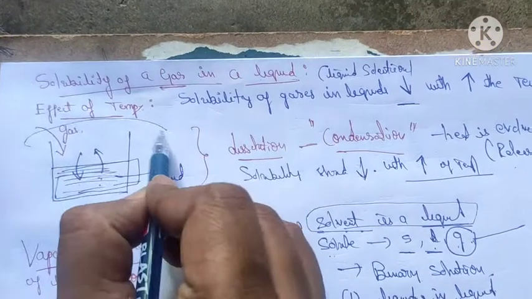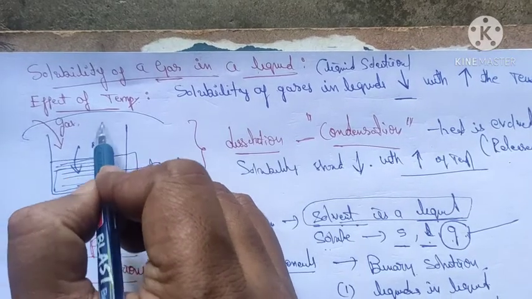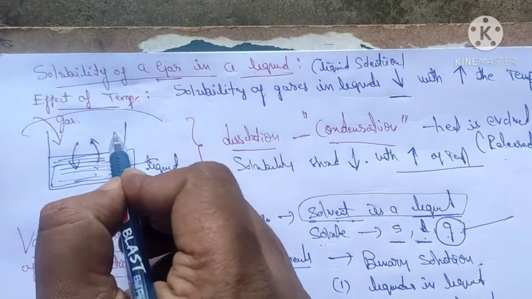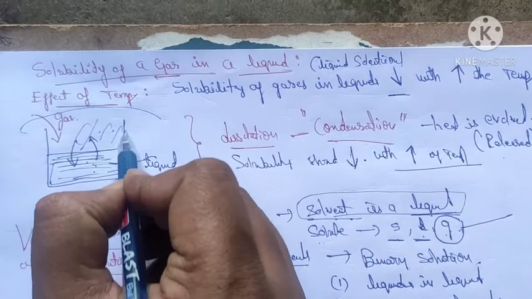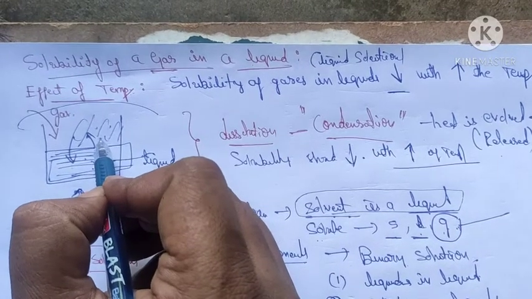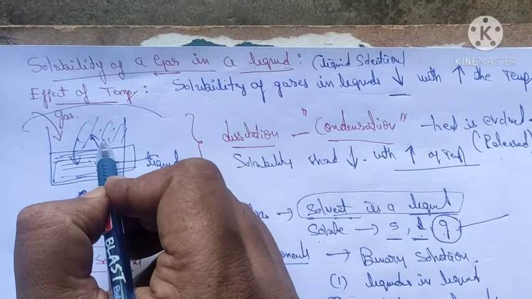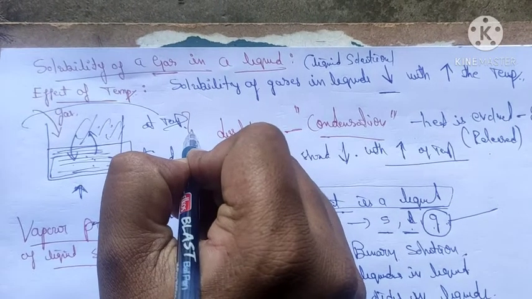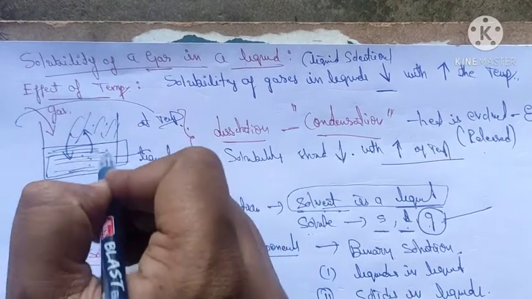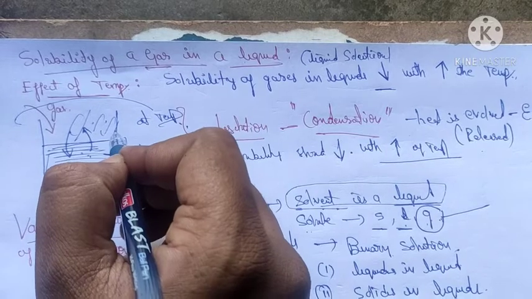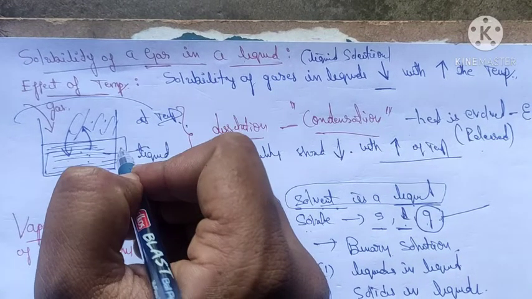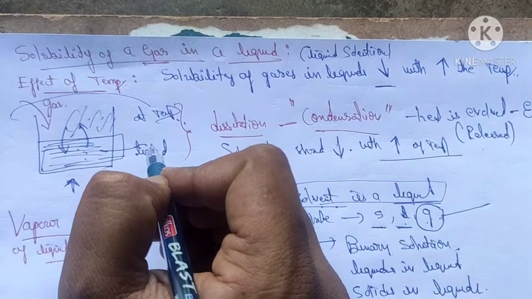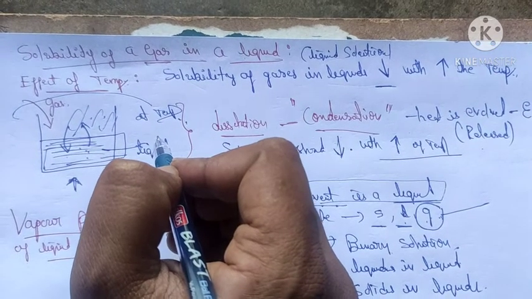In a closed system, the pressure exerted by the vapors above the liquid surface at constant temperature, when they are in equilibrium with the liquid, is called vapor pressure, or saturated vapor pressure, or equilibrium vapor pressure. All these three names we call vapor pressure.